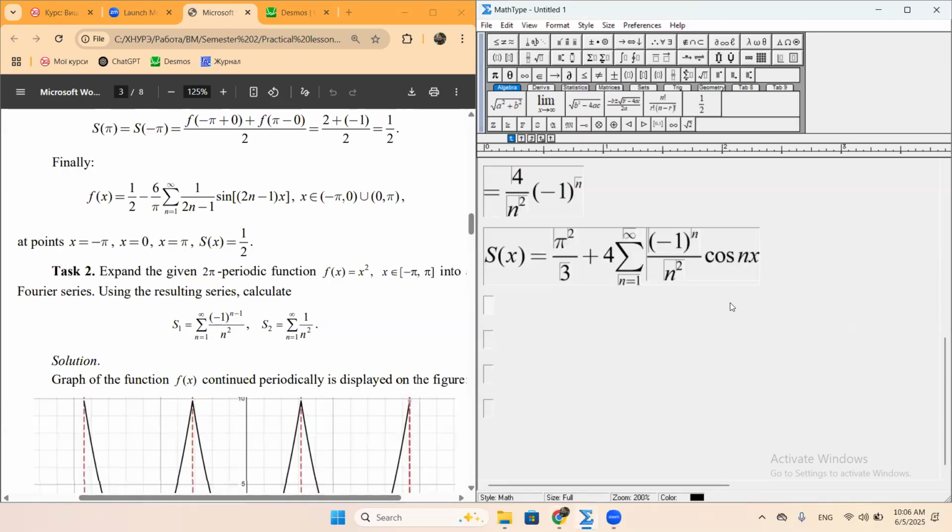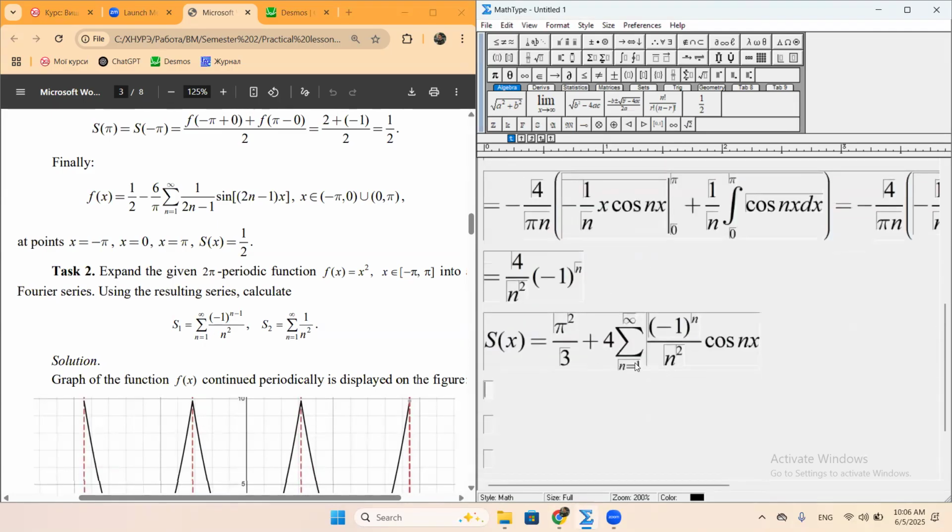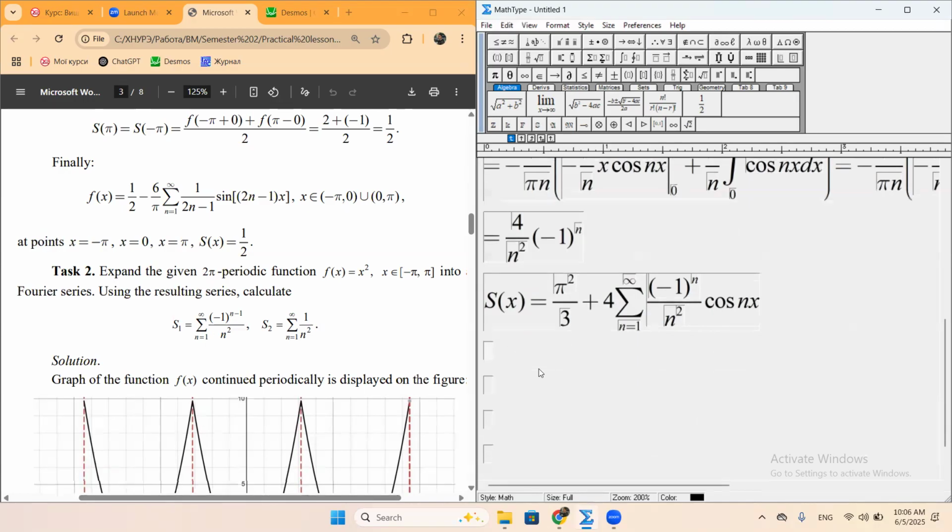We can substitute 0 instead of x, so we calculate this sum at the point 0.